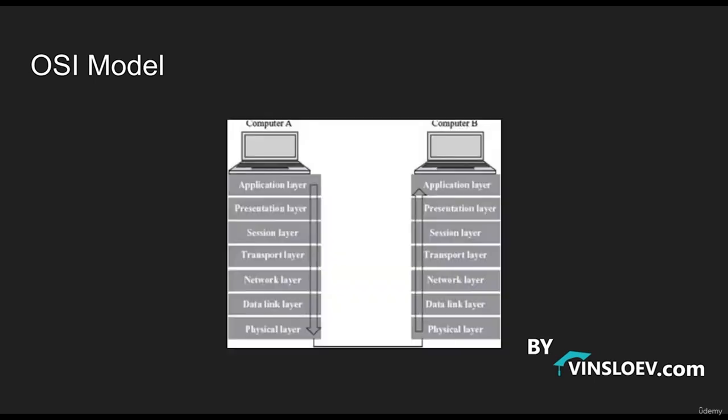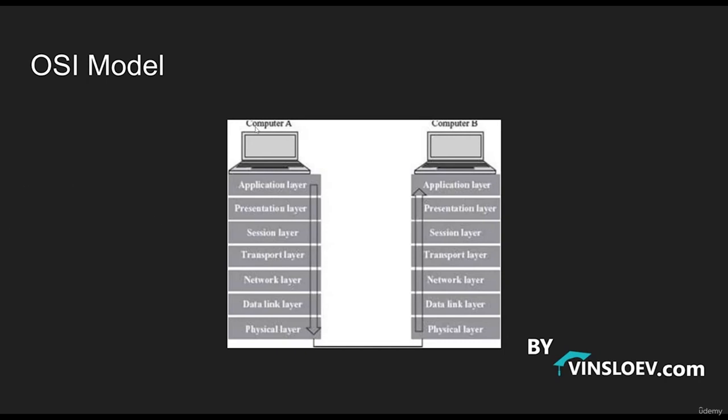Before we get into the different layers, it's more important that we understand how this OSI model actually works. Even though we now know there are these several layers, it's important to see how this works in practice.